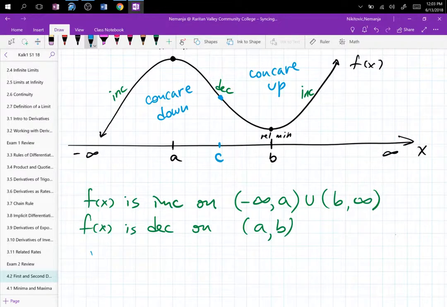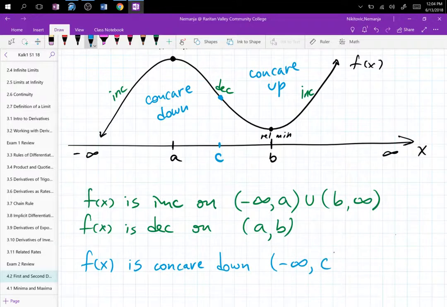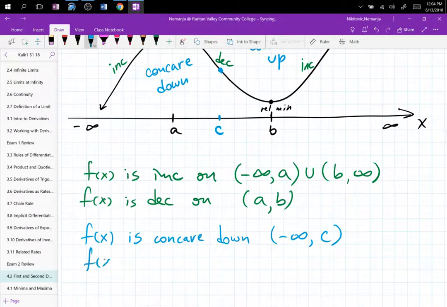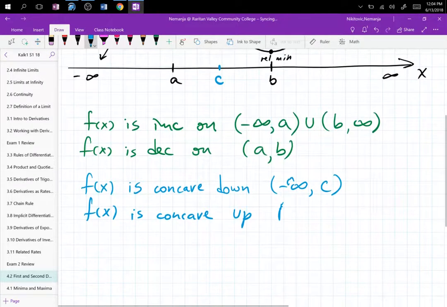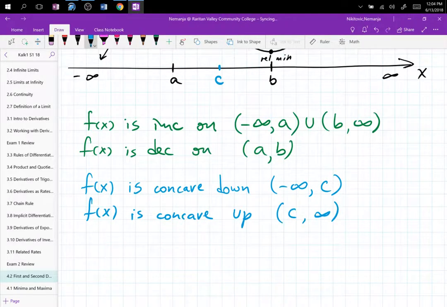So now I will say that f of x is concave down first, because it's first on the list, from negative infinity to C, and f of x is concave up from C to positive infinity. Point C is called an inflection point.